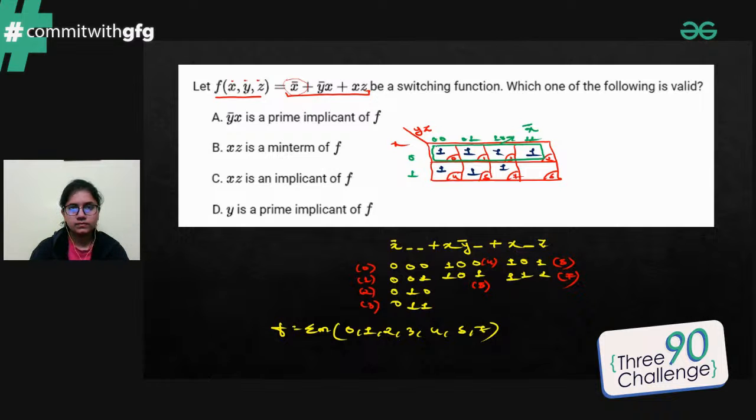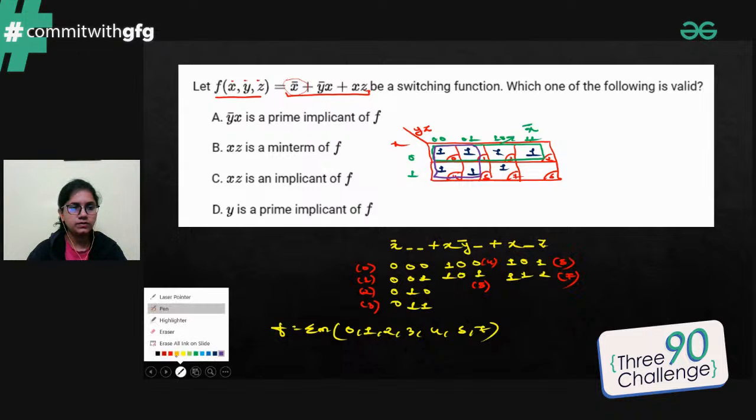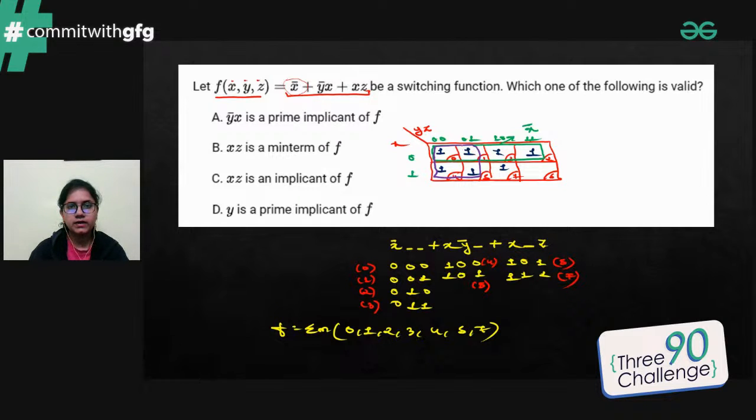So I hope you all know how to do the grouping. Okay, there should not be any doubt in the grouping part. So this is the grouping we did. Now let's write the equation for the groups.